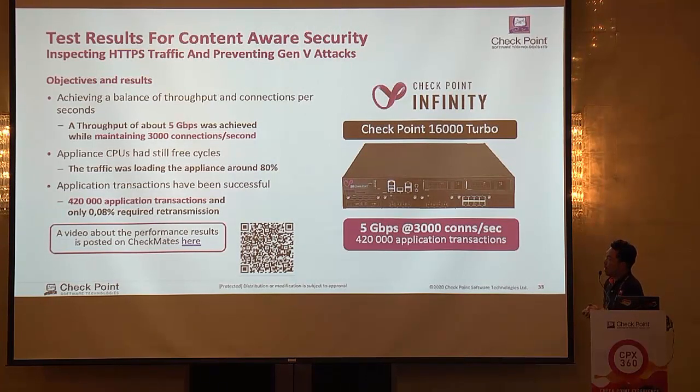From the test, we can achieve up to 5 gigabits per second NGTP throughput, and also maintain 3,000 connections per second. CPU load is around 80%, so we still have some buffer to handle traffic spikes.